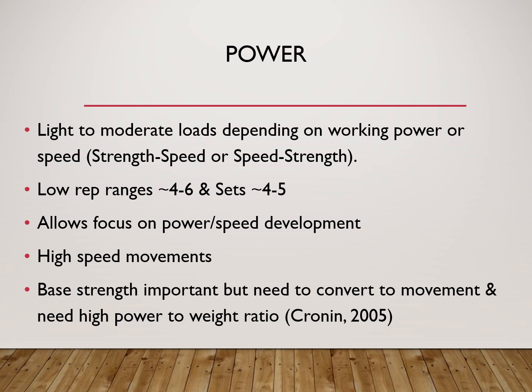Okay, so whilst the movements might be slightly slower compared to just pure speed work, the focus is still on the speed of movement. So even though the capacity to move quickly may not be there, there should be an intention to move as quickly as possible. Okay, unlike maybe with max strength, where it's just about getting through the movement, here there should still be that intention to move quickly, even if not able to.